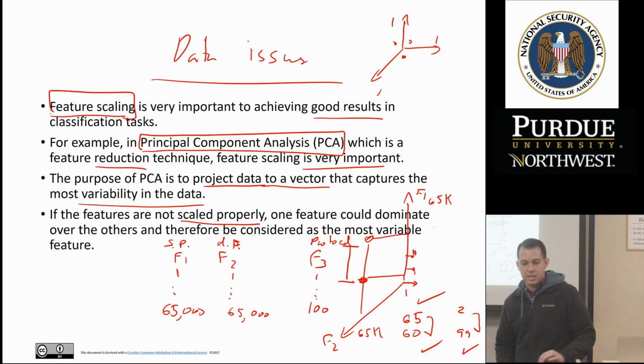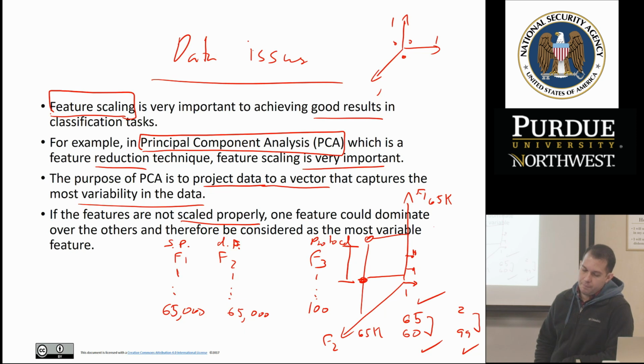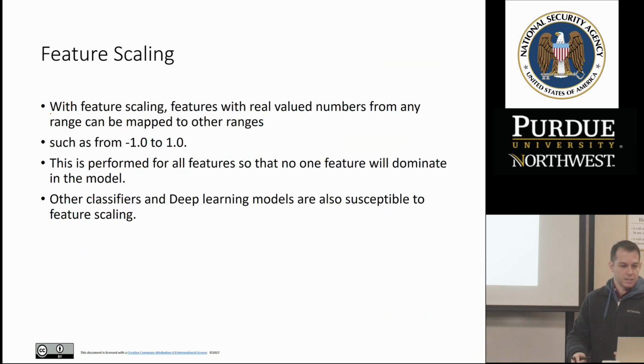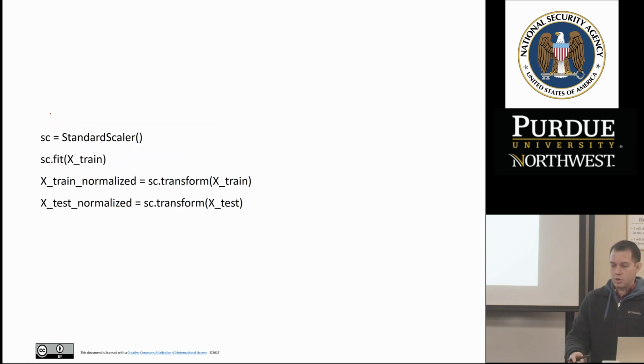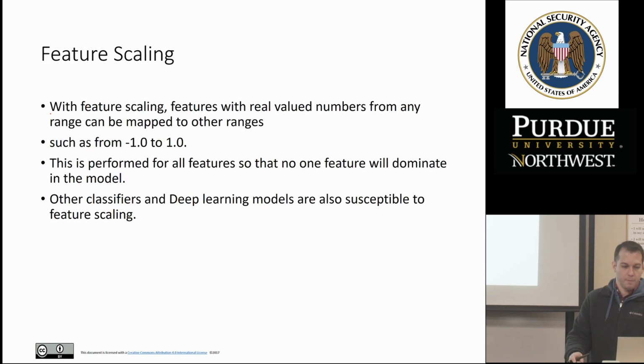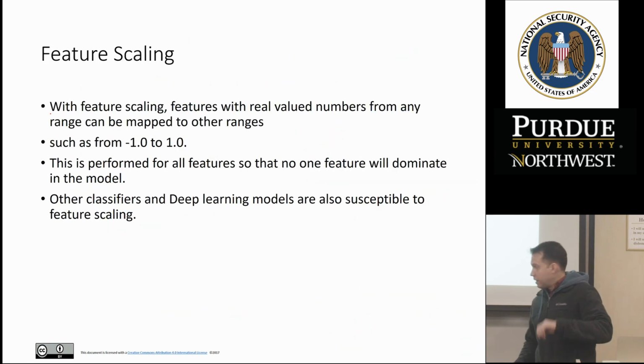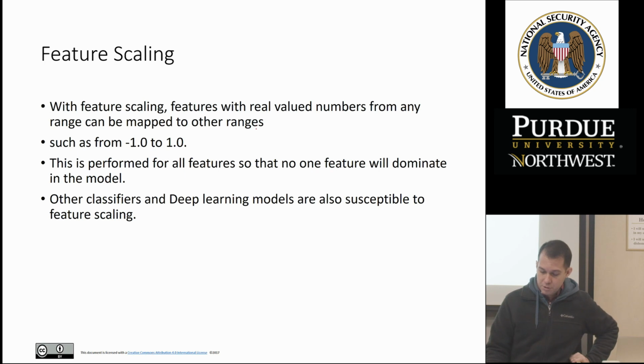So you want to equalize these as much as possible, and that's why you use feature scaling. Now there are several built-in techniques available, but really, we're just going to use the standard scaler that's available in our code. A little bit more about feature scaling: features with real valued numbers from any range can be mapped to other ranges, such as from 1 to 65 or 1 to 100.